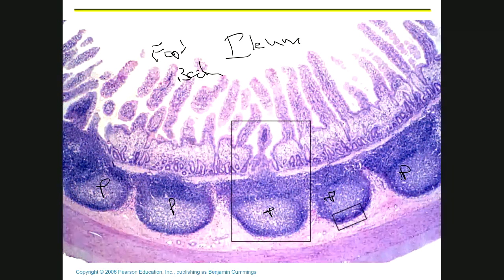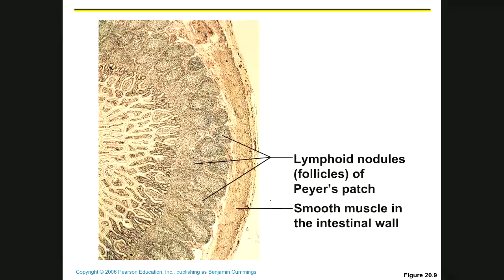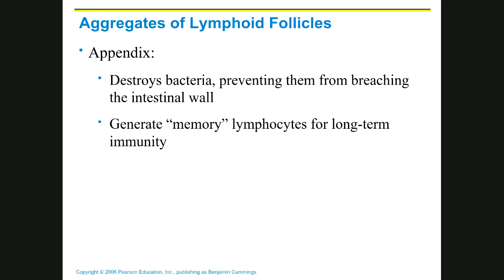And so the bacteria try to invade your body, but we're going to kill it. So look how many Peyer's patches there are here. Again, there are hundreds of these things. And then we have another one which is called the appendix.